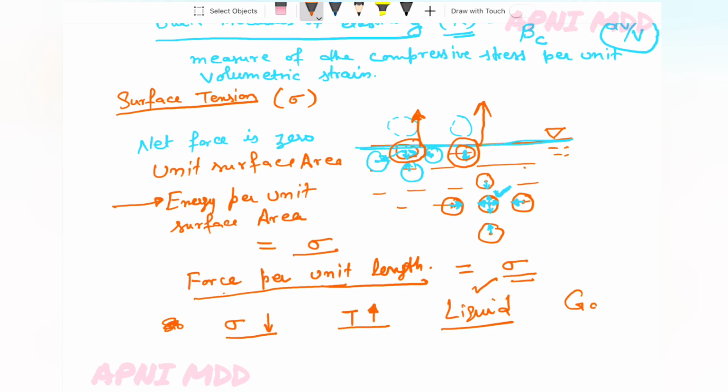There is no surface tension in case of gas, because in case of gas the molecular distance is large and there is no concept of cohesive force between the molecules. So therefore there is no surface tension concept in case of gases. So surface tension appears only in case of liquids. Okay. So these are the few properties of fluids.